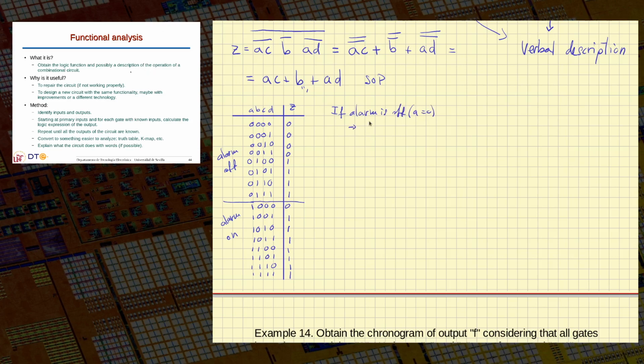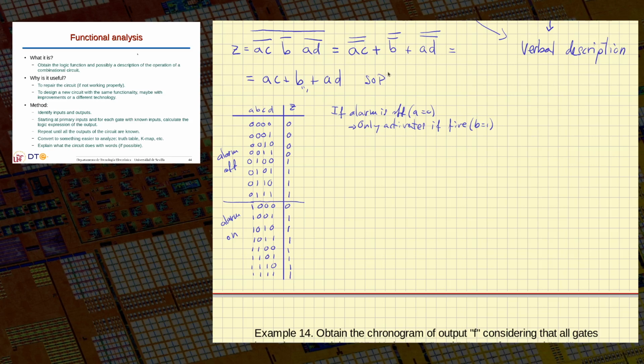Okay, only activates if B is 1, and B is the signal coming from the fire detector, so it only activates if fire. Okay, mean B is 1, which is quite good, because even if I have disconnected the alarm, I want it to ring if there's a fire, because this is very risky operation.